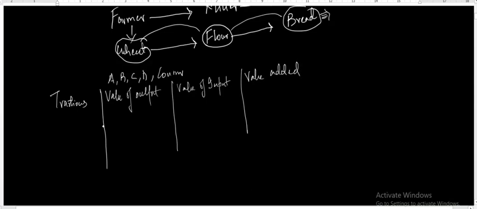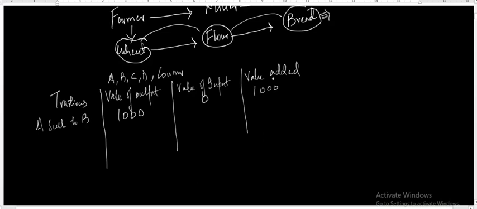Now see, in the first case, say A sells to B goods worth 1000 and its value of input was 0. Therefore the total value that has been added to the economy is 1000.